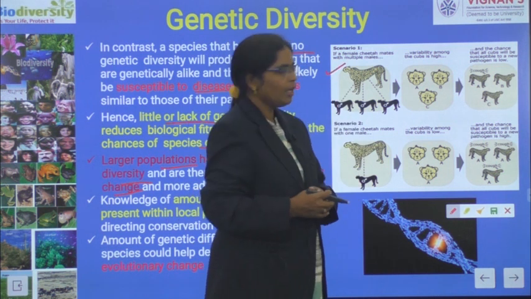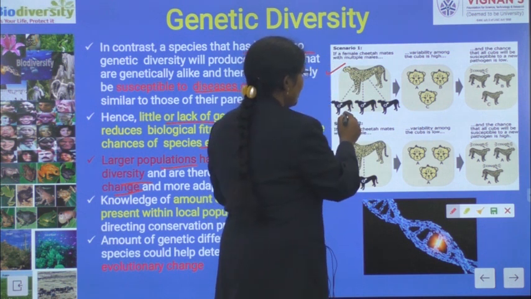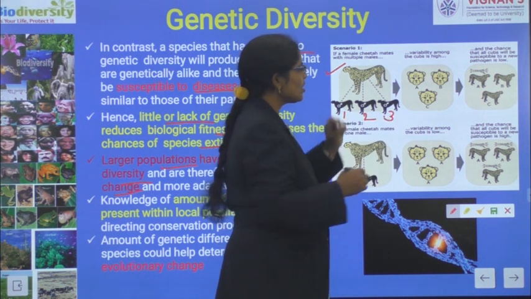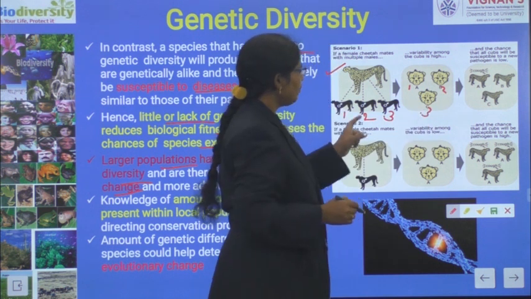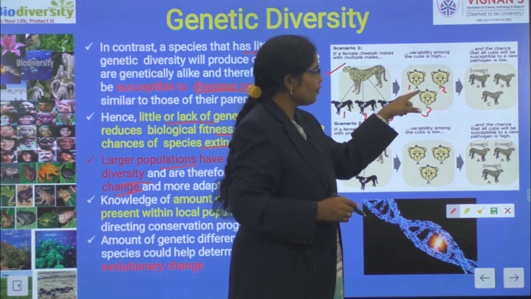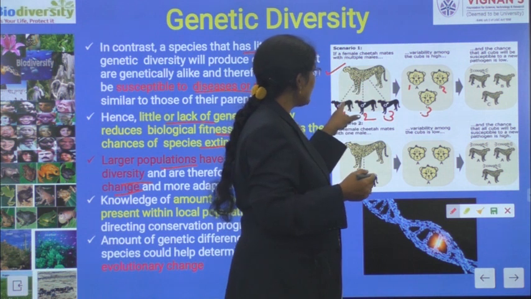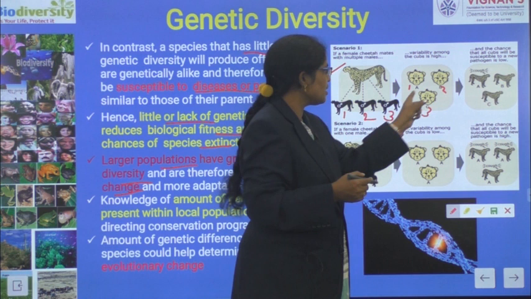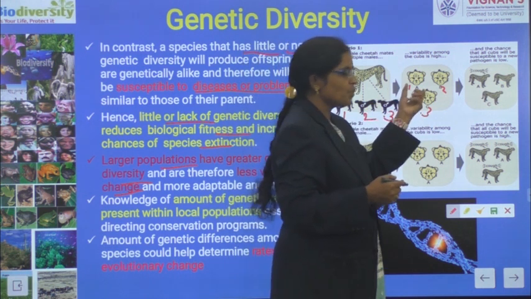One female cheetah, if it mates with different male cheetahs, produces offsprings 1, 2, 3, that means cubs. In these offsprings, we can see the variability. From this one, one variety of cub will be produced, from this another variety, and from this another. Like this, different varieties of cubs will be produced.